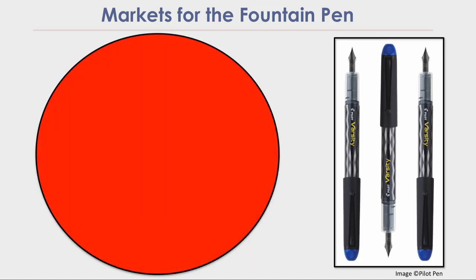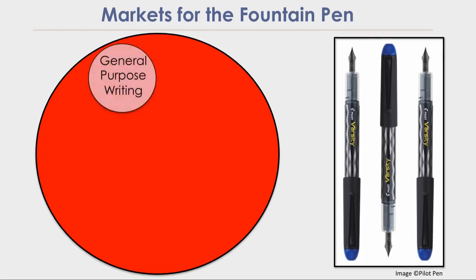when we think about markets now, there's of course the gigantic general purpose writing market. Now, of course, it's not really one gigantic market. There's all sorts of sub-markets in there, but in general, we know from experience that pens do sell for quite a broad audience, and then there's other specialized pens that hit the target market. So, in this particular case, there's certainly a general market.